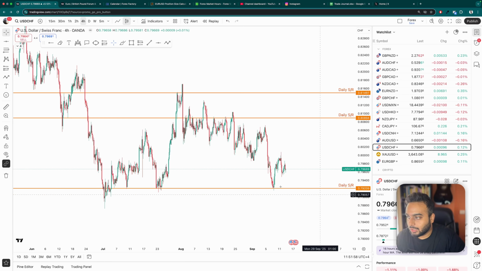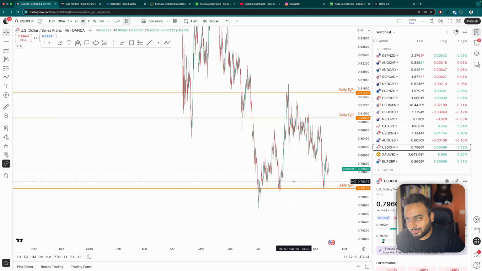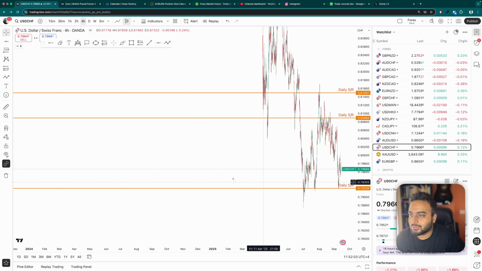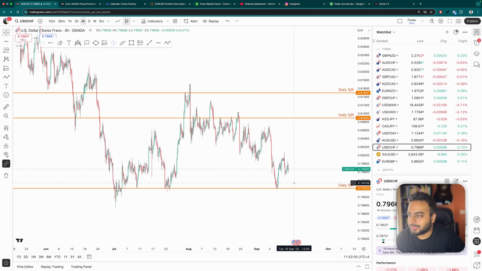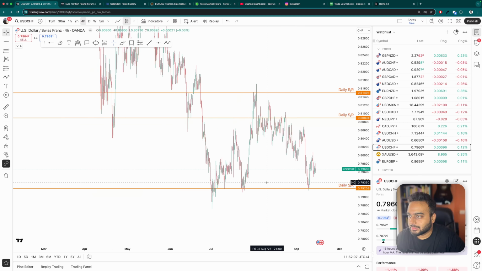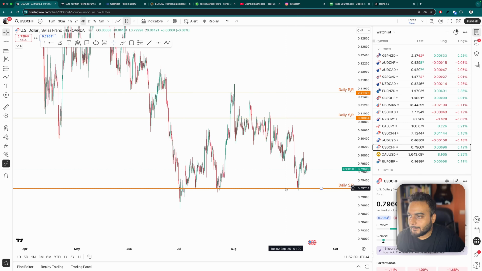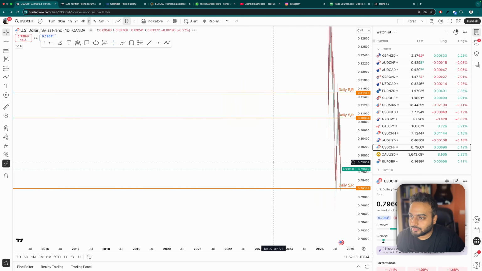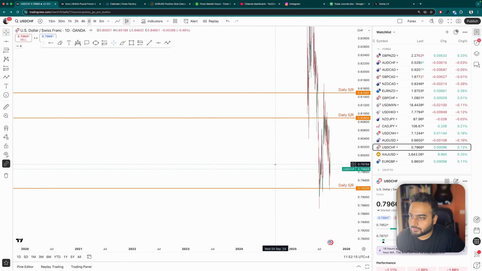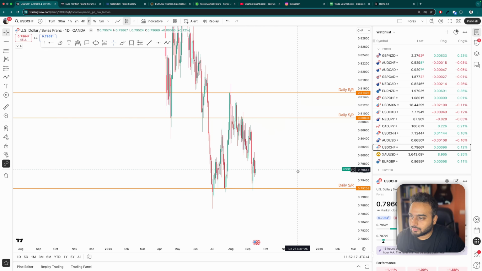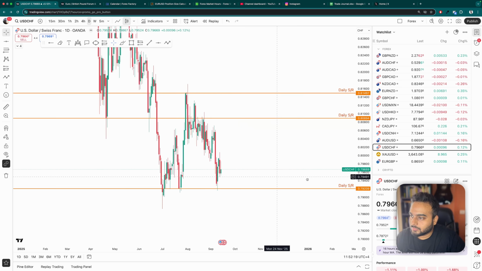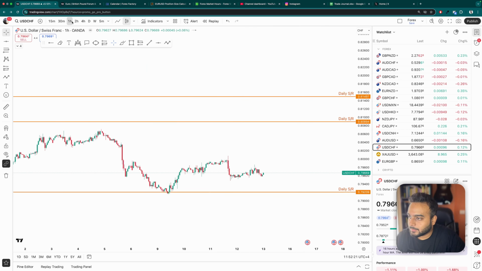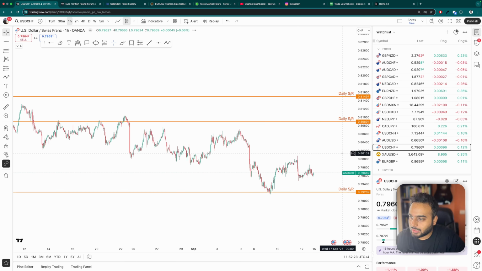So this is again USD CHF, a good place to look at the trade. Okay, let's see it on the daily time frame. It's at a really good place.